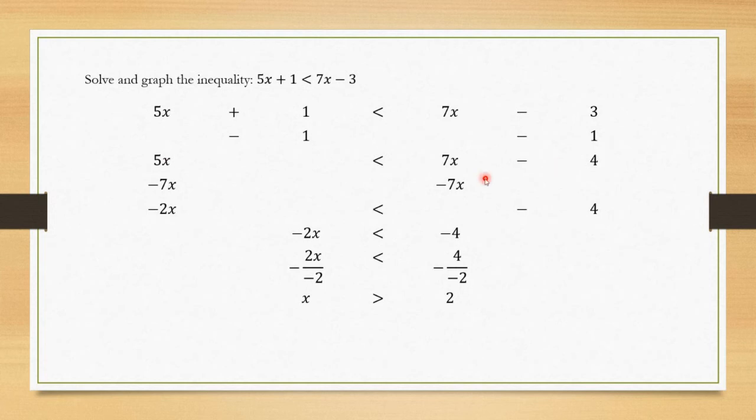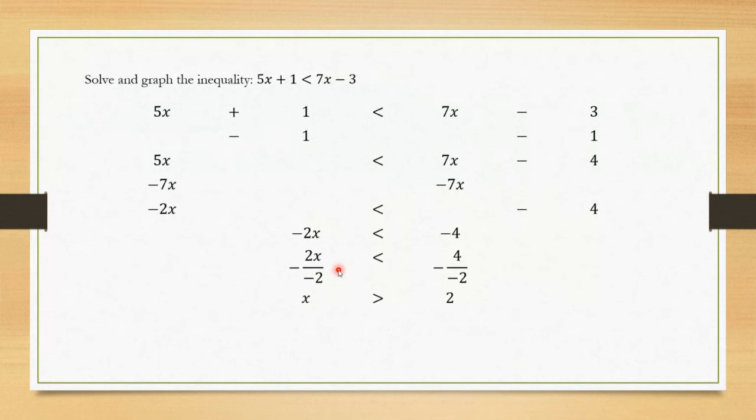Now what I did next was I subtracted 7x from both sides. So now the 7x here is gone. We're left with negative 2x, though. So we have negative 2x is less than negative 4. But again, just like with equations, we don't want negative 2x, we want x. So we divide by negative 2.